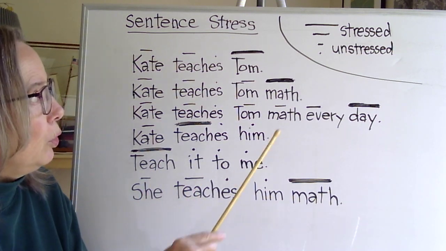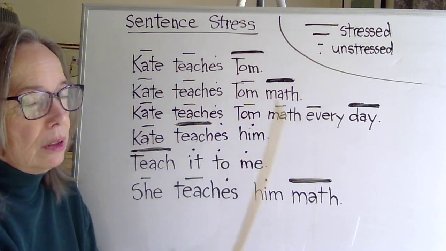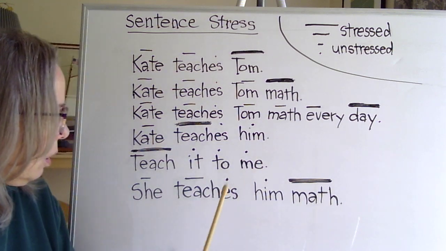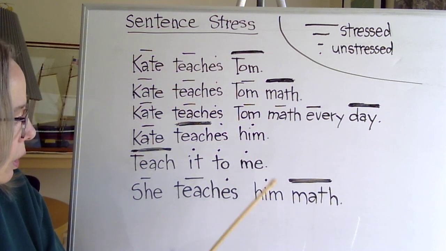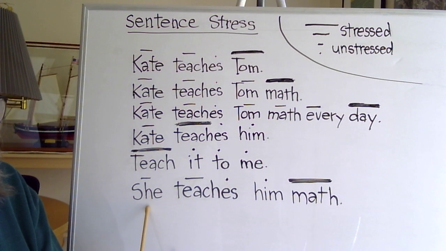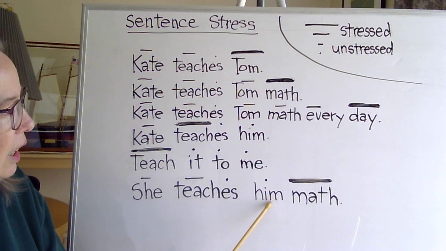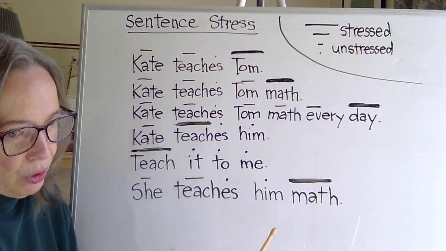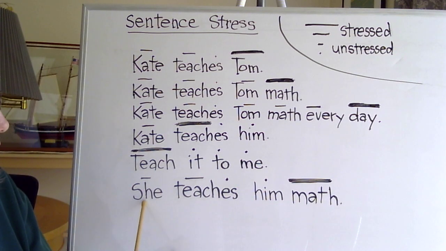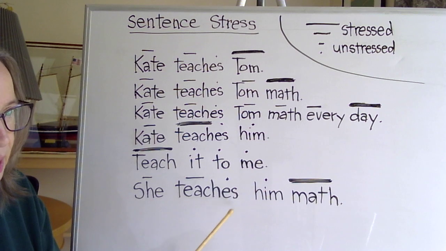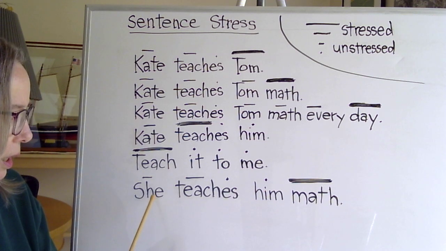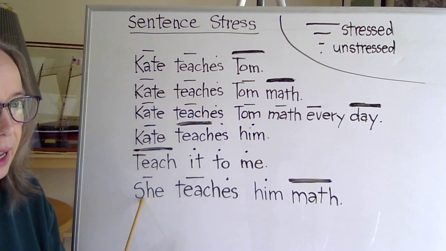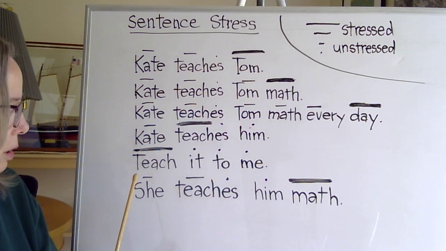So just to show you the 4 levels of stress, I have made a sentence that has all 4. Here we have a pronoun and here we have a pronoun. But this pronoun gets the weakest stress because it's the object. The subject pronoun in a sentence like this, where it's the beginning and this is the object, will have the secondary stress.